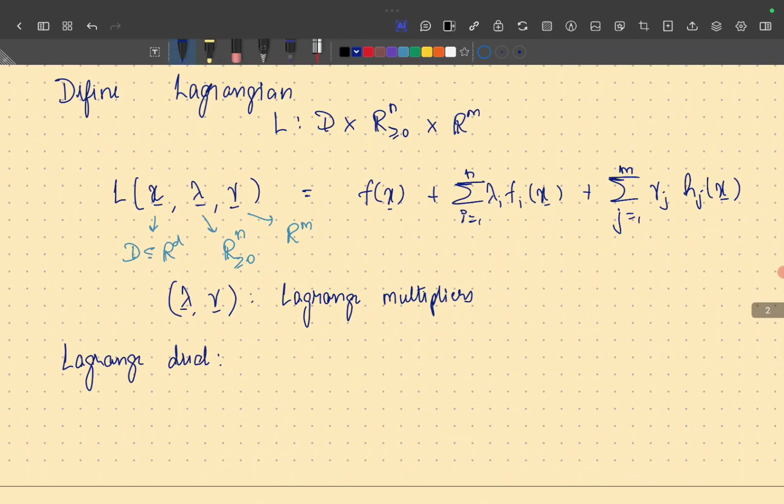The Lagrange dual, G of lambda, nu, is going to be a function only of the Lagrange multipliers. I'm going to somehow get rid of the x. This is equal to the infimum over all x in the domain, typically R^d, of the Lagrangian.